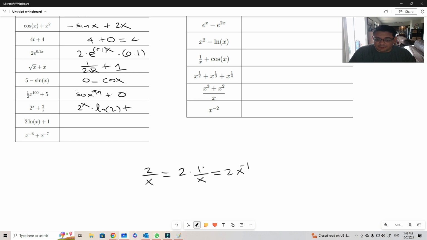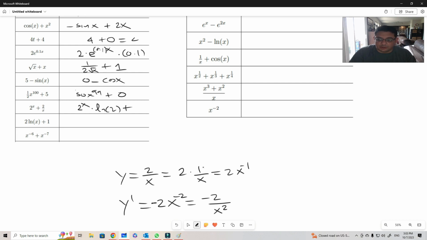Now, finally, if I'm going to take the derivative of this, so this is just y, right? Now, y prime is the derivative of this, so it's going to be 2 because that's not going to be affected. The minus goes in front, so minus 2, and so x to the minus 1, so minus 2. So this can be also expressed according to our rules as minus 2 over x squared.